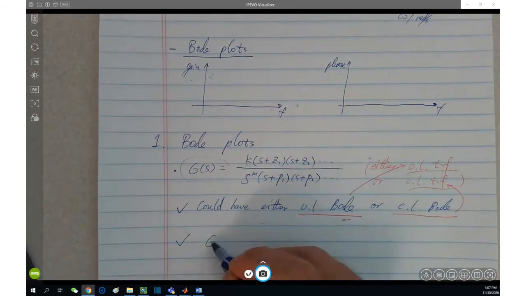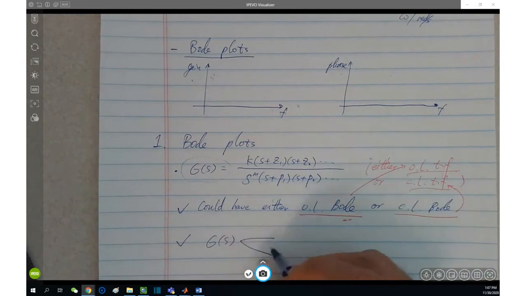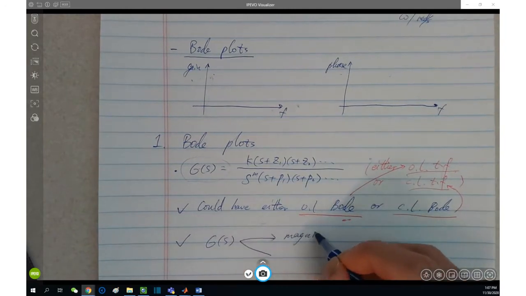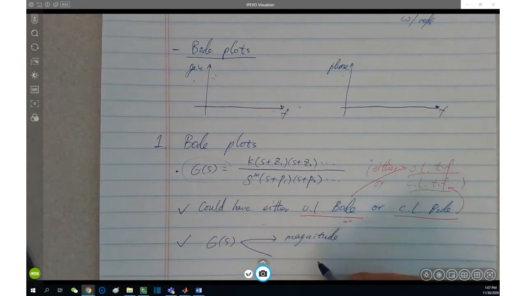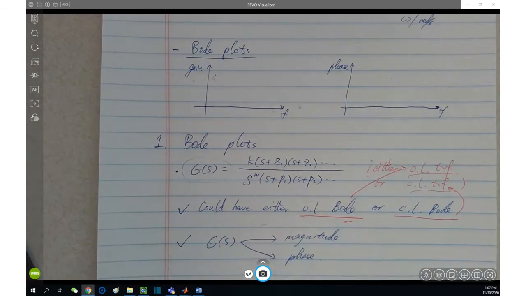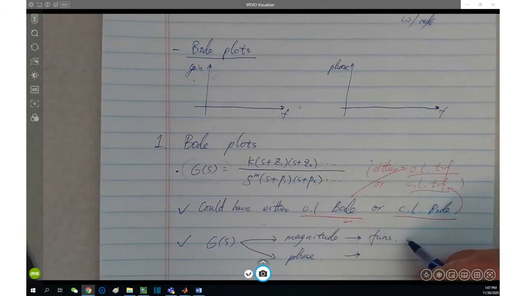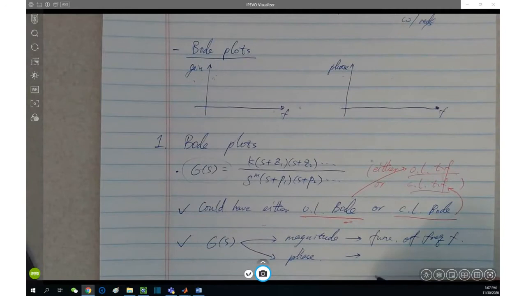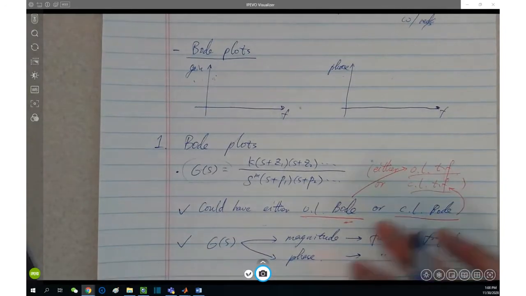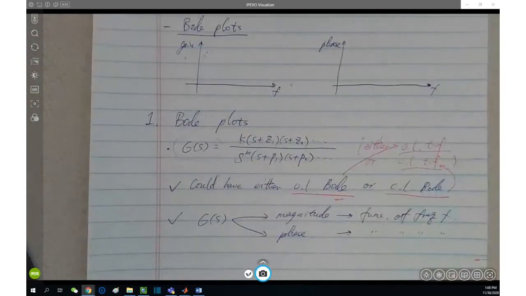So G(s), of course, has a magnitude and a phase. The magnitude is a function of frequency, and so is the phase. So you need to understand how we come up with these two functions of frequency.